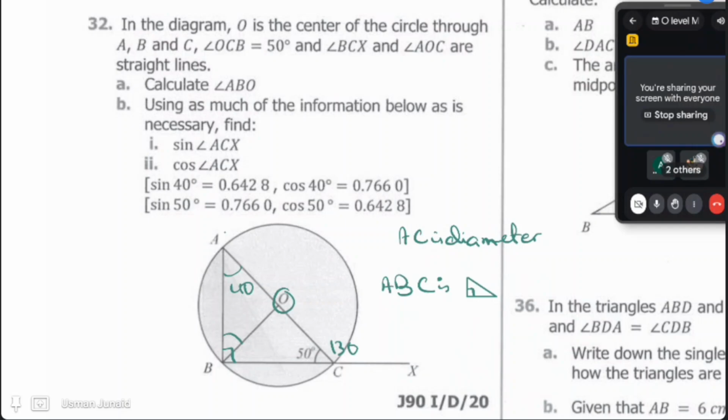तो कुछ समझ में आ रहा है? No, sir. So they're asking for ABO. Sorry, they were asking for this angle only.